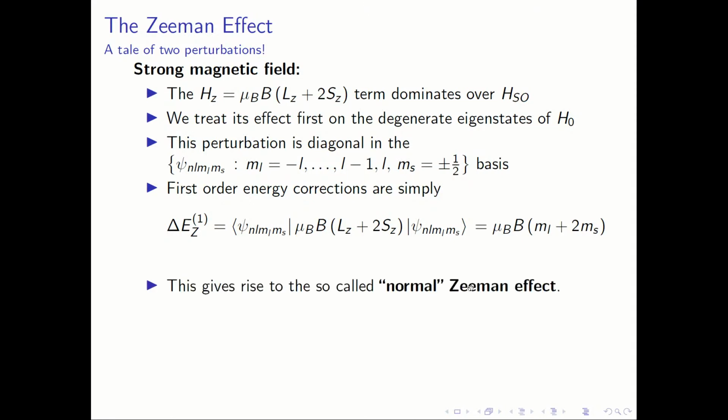Now, the kind of spectrum this gives rise to turns out to be a situation where if you had a single line when there was no magnetic field, what the magnetic field does is that it splits it into three lines. Now, why three in particular? Why not more?